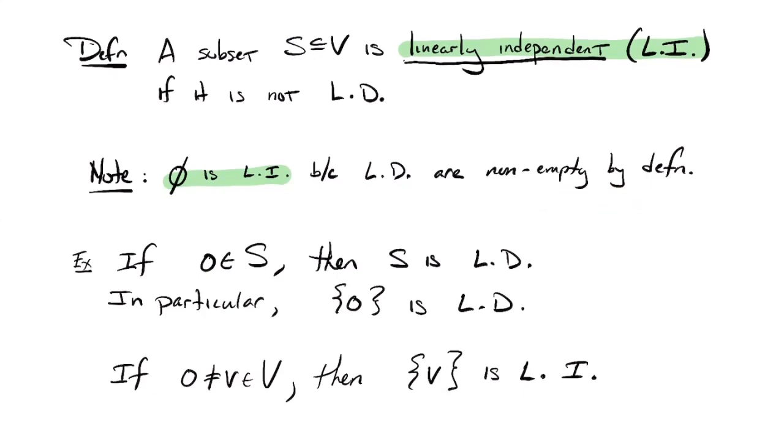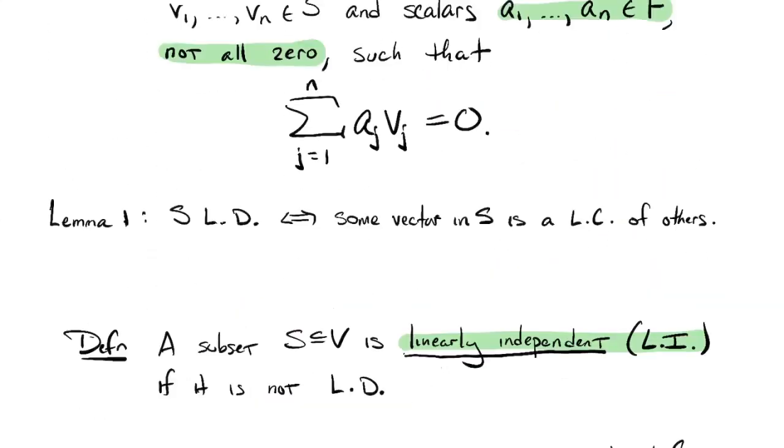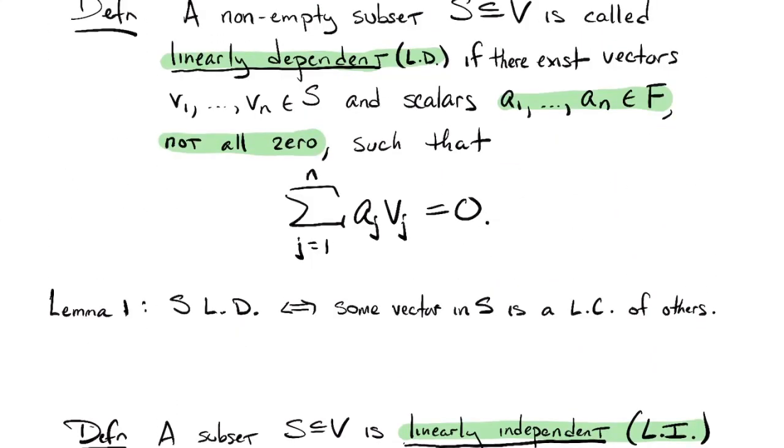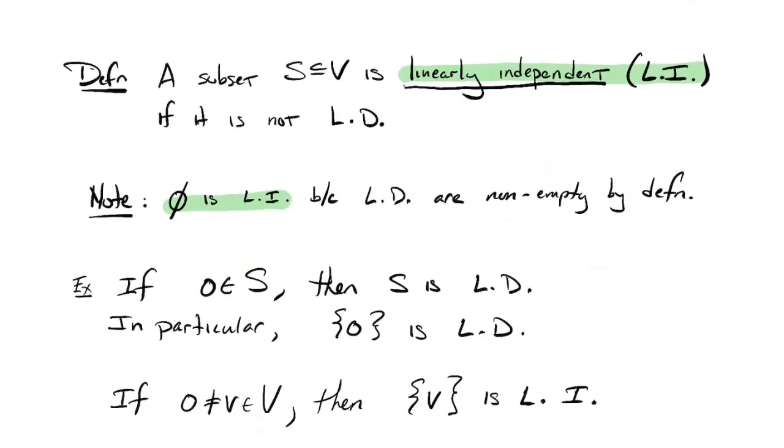I'm just going over some facts here. If the 0 vector is in a set S, then it would always be linearly dependent. Does that make sense? Because if 0 was in your set S, isn't it possible to choose a subset of vectors and a combination like this?